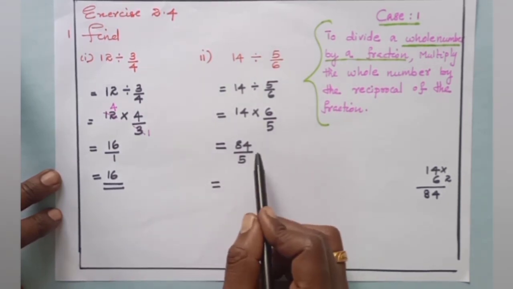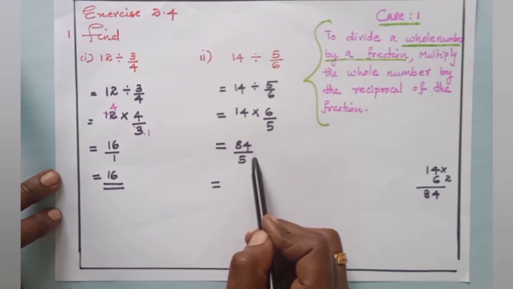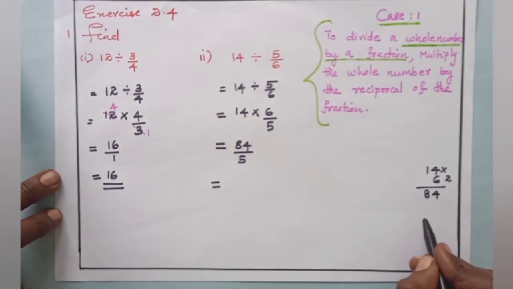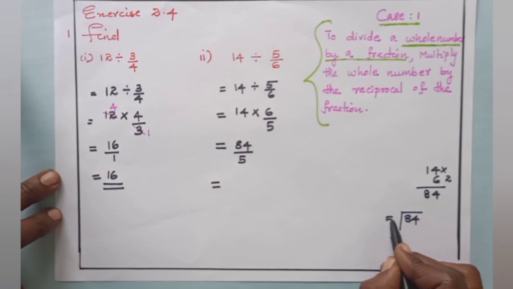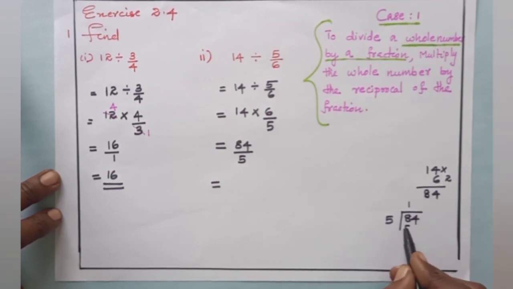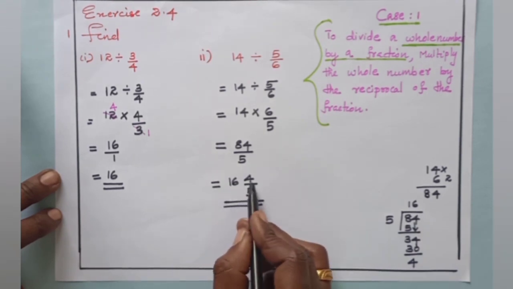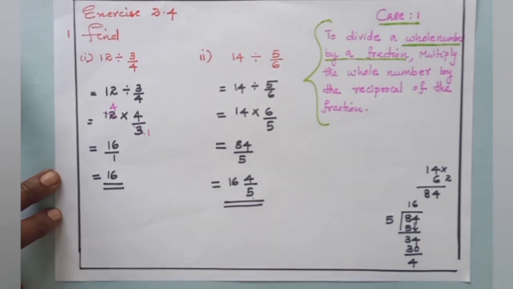See, this is an improper fraction, so write the answer as a mixed fraction. 84 divided by 5: 1 five is 5, 3 balance. 34: 6 fives are 30, balance 4. 16 and 4 by 5 is the answer.